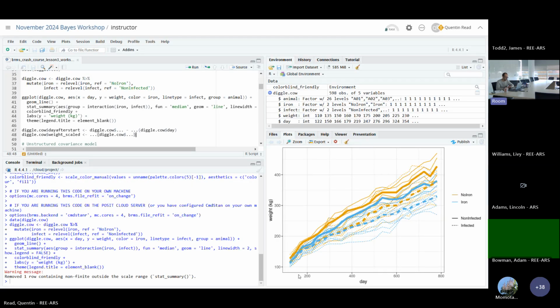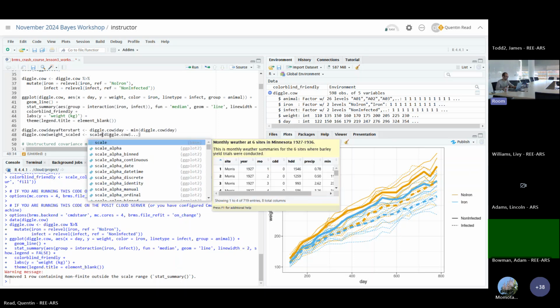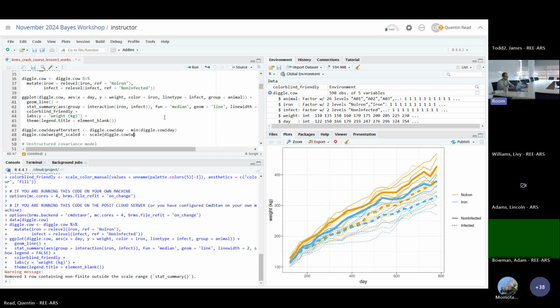So let's do this transformation on day and weight. You can see the x-axis on day starts at 100 and something. So we're going to make a new column called day after start by taking day and subtracting off the minimum of that column from it, min being the minimum. And for weight, we're going to make a new column called weight_scaled by calling the scale function on the weight column of the original data.